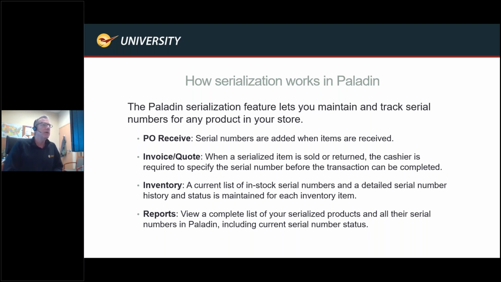Number 2, invoice and quote area. When a serialized item is sold or returned, the cashier is required to specify that information before it can complete the transaction. In the inventory, a current list of in-stock serial numbers and a detailed report is always available. We'll look at that in detail. And reports, of course. You can also view global reports of all your serialized products, which is really tremendous. It's just nice information to have.